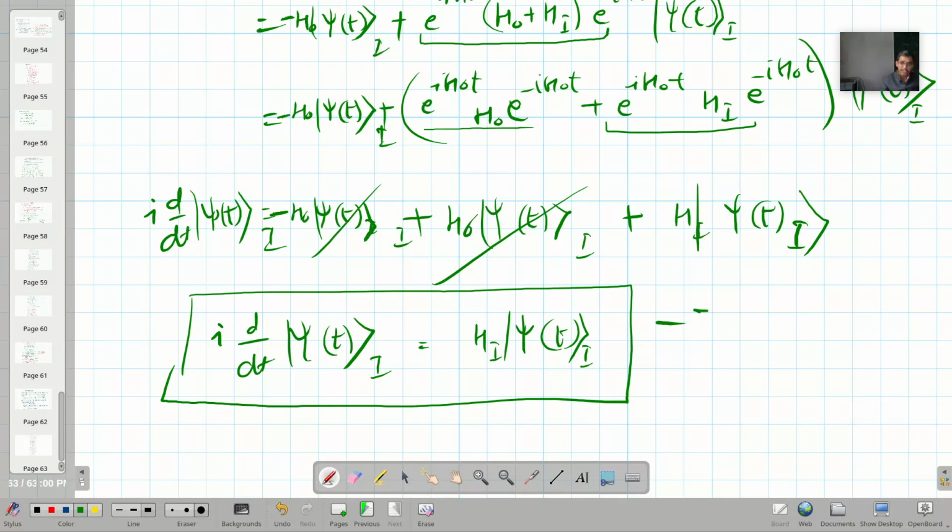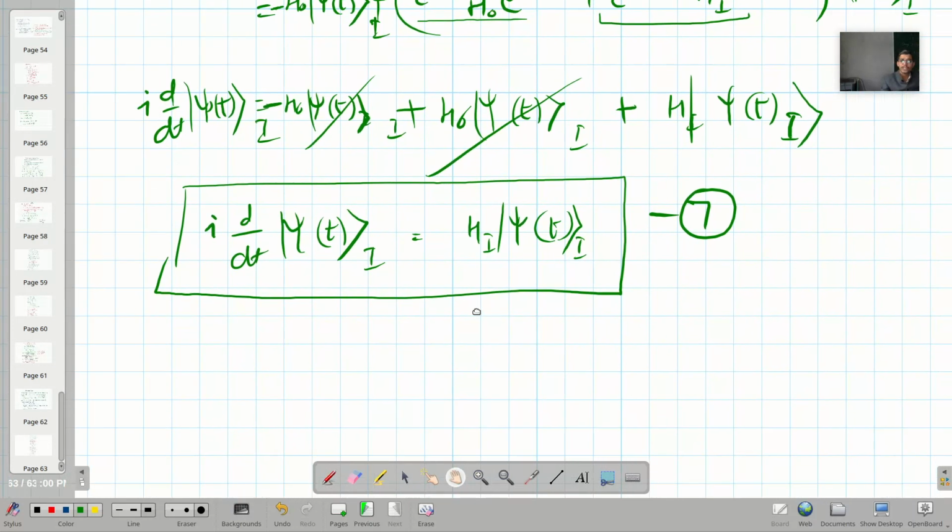for the interaction picture. Also, let us talk about another equation for the operator.